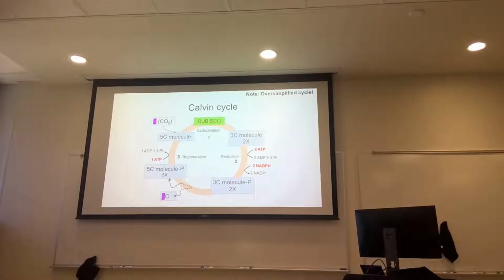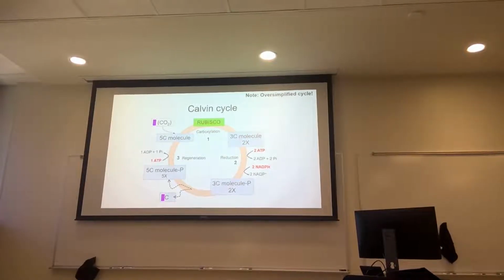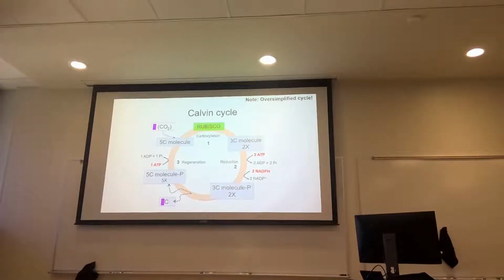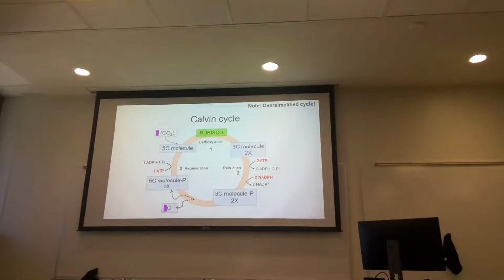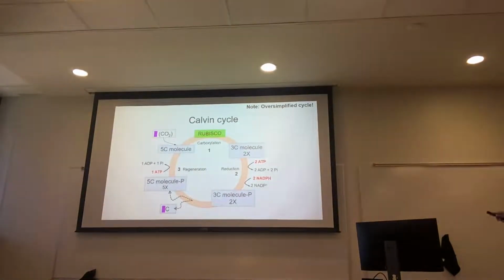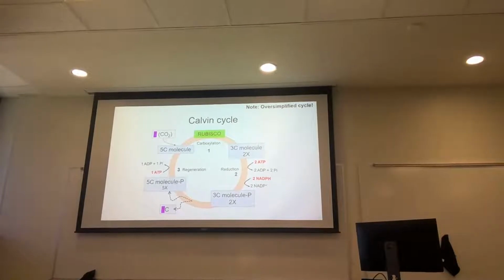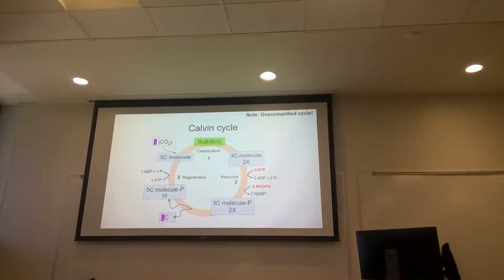Each CO2 gives you 1 carbon of sugar, right? So if you have 3 carbons coming in, it gives you a 3 carbon sugar. If you have 6 carbons coming in, 6 CO2s will give you 1 glucose. Each one of these carbons will, again, not the exact same carbon, but all of these complex processes will at the end give you 1 carbon that is going to be reduced in the form of sugar.